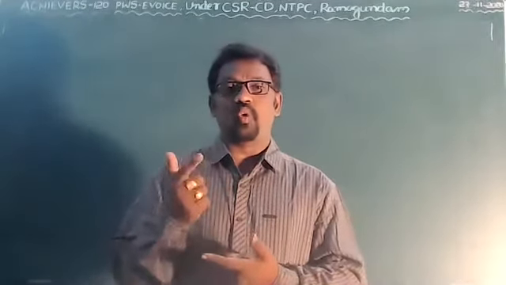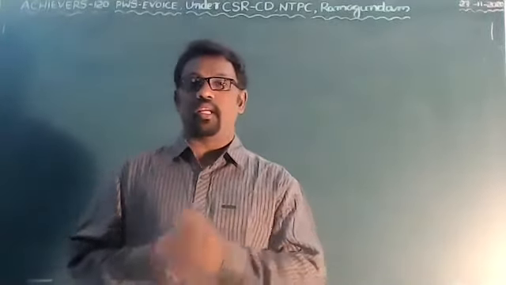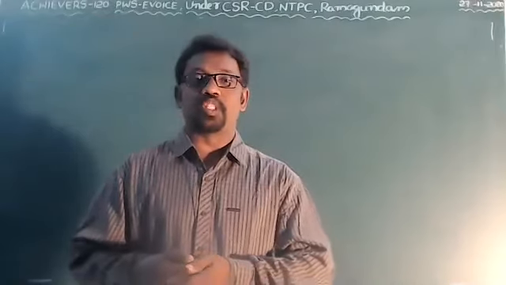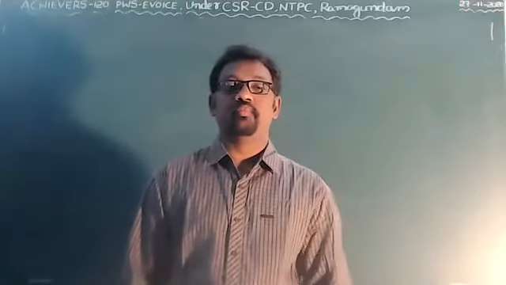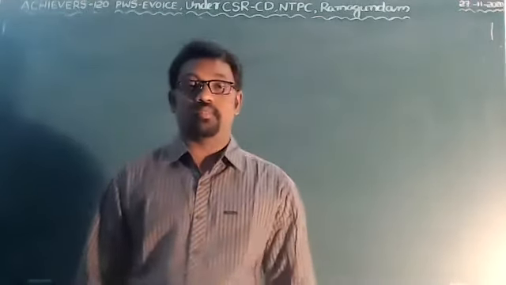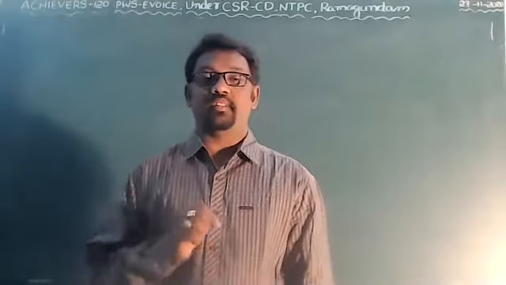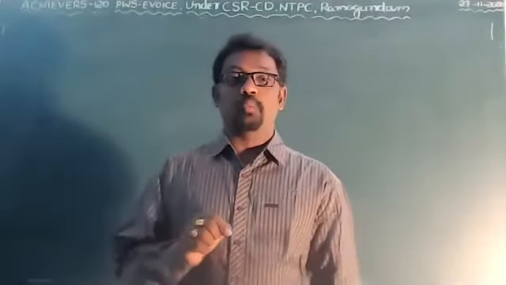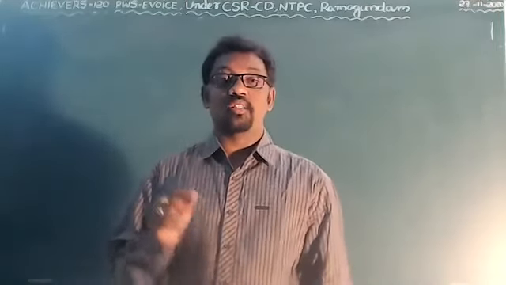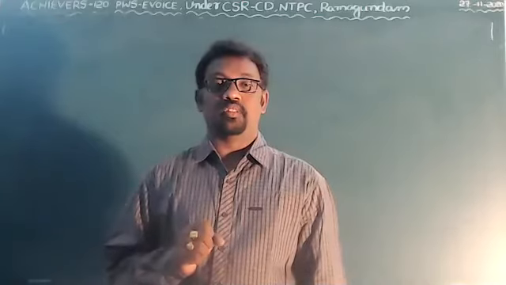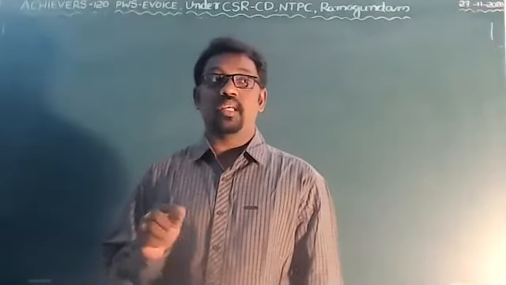If you take the standard quadratic polynomial ax square plus bx plus c, the sum of the zeros is minus b by a, and the product of the zeros is c by a.